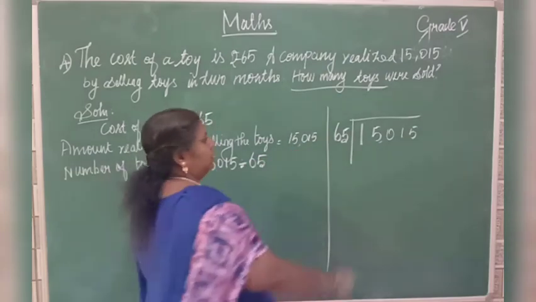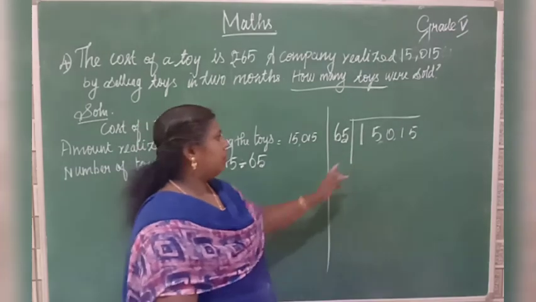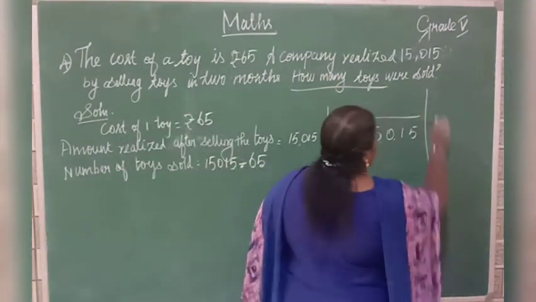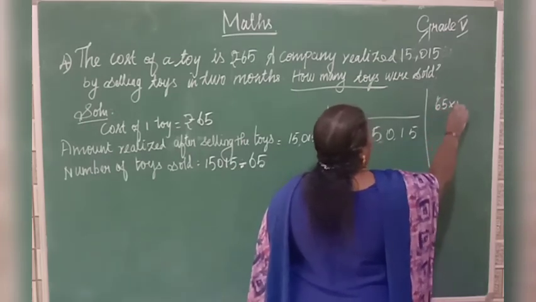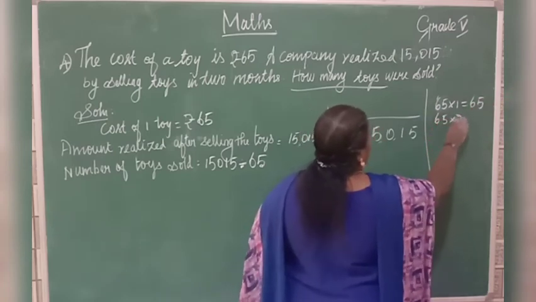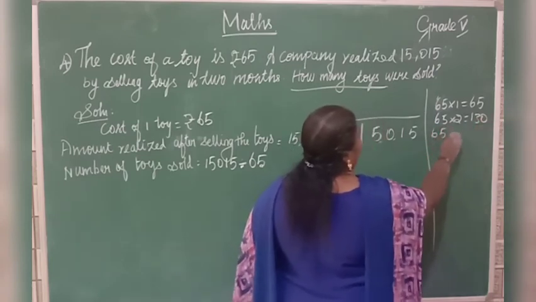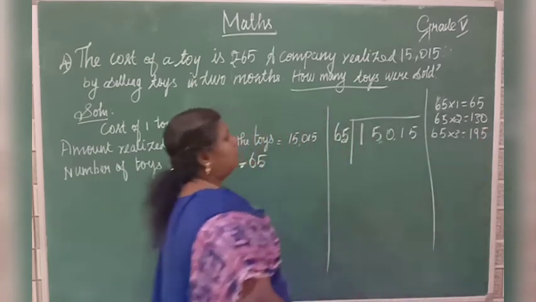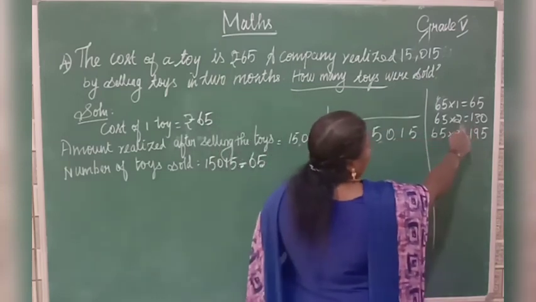So we want to take 3 digits, here 150. 150 means how many times will 65 fit? 1 time 65. 65 2 times will become 130. 65 3 times will become 195. So in 150, how many times can we take it? 2 times.